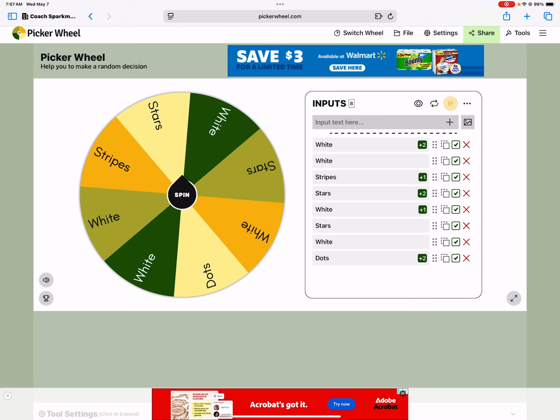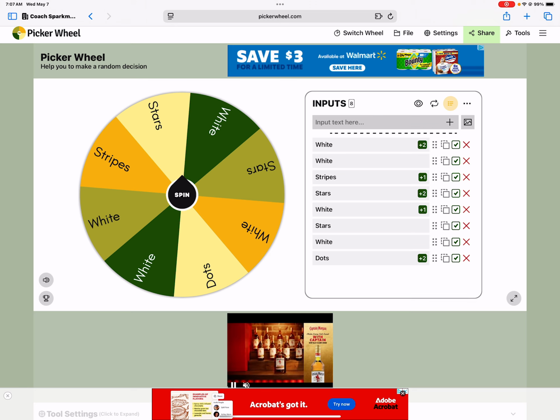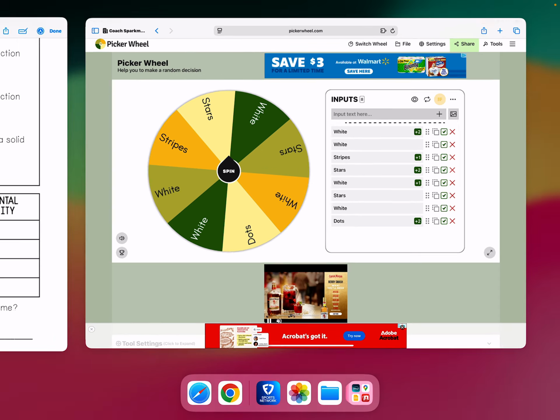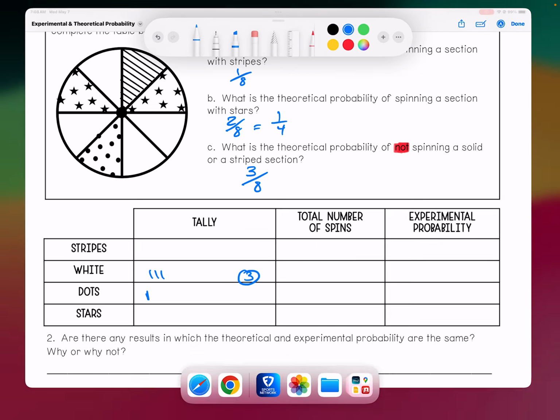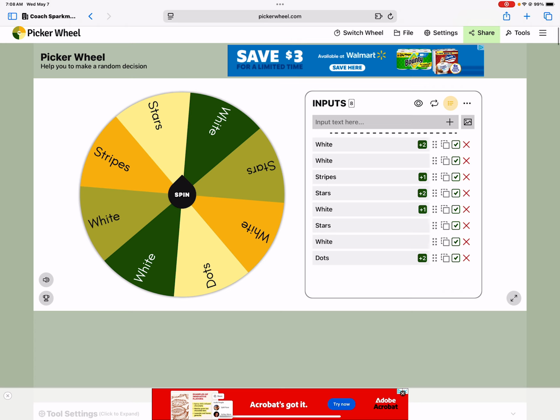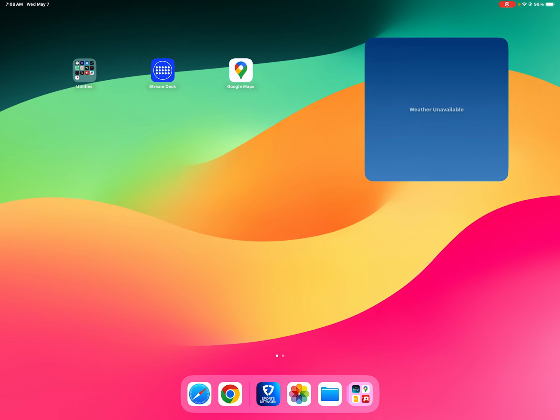All right, so I had white blank ones with 3. So let's go back over here. White blank ones were 3. Okay. Stripes were 1 for stripes.